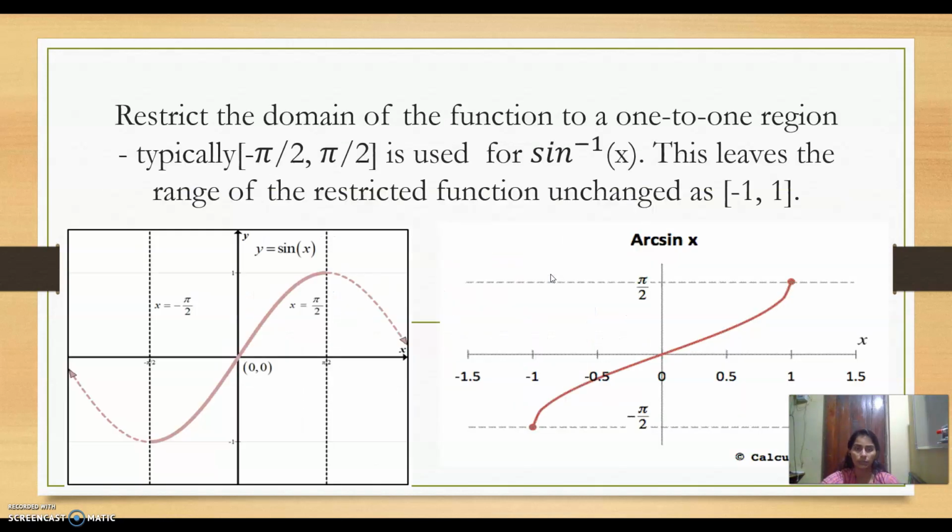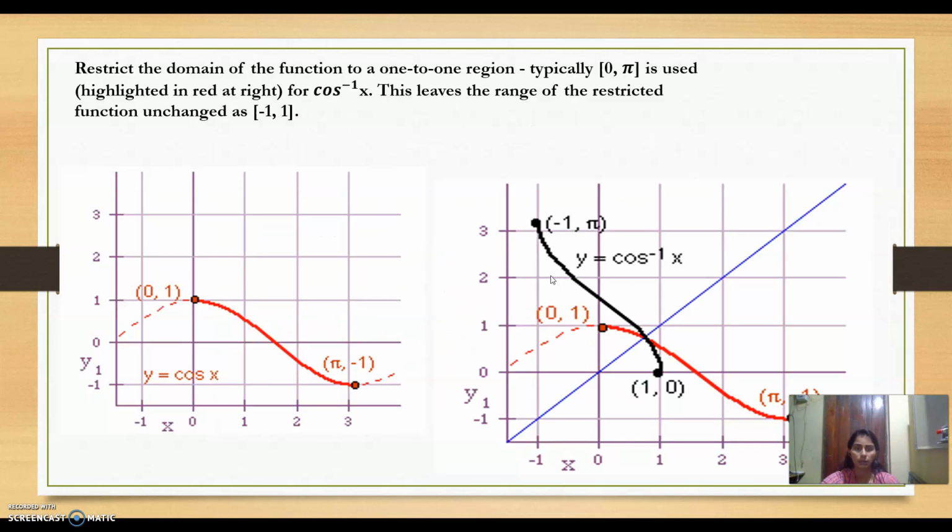For that, I am restricting the cosine to 0 to pi. In the case of the sine function, we restricted from minus pi by 2 to pi by 2. Here I am going to restrict from 0 to pi.